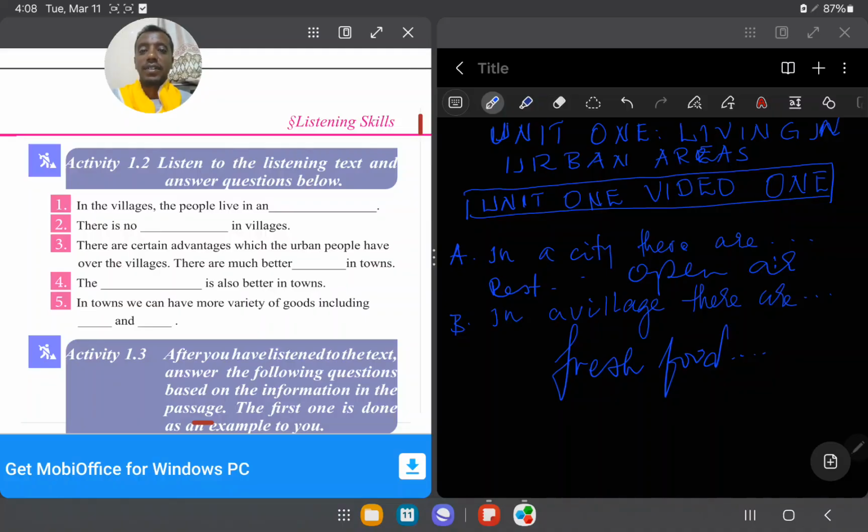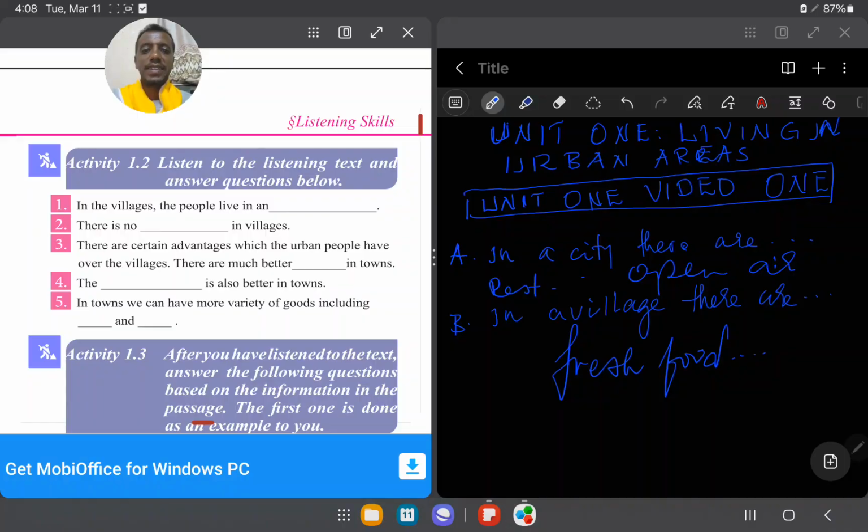Number 4. Based on the listening text, as you heard in the passage, it is the security system. In towns we can have more variety of goods, including what can we get? Clothing, maybe, or a variety of foods.